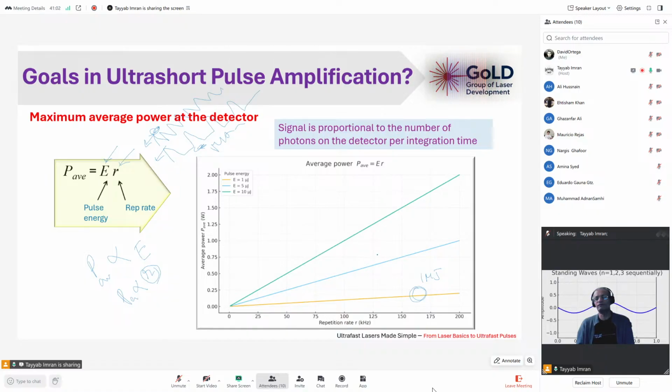But if we have 5 microjoule here, then the repetition rate is increasing and the average power is increasing more sharply as compared to this one. And if we increase more the pulse energy, that is 10 microjoule, then this is very prominent increase. And it shows exactly the proportionality.